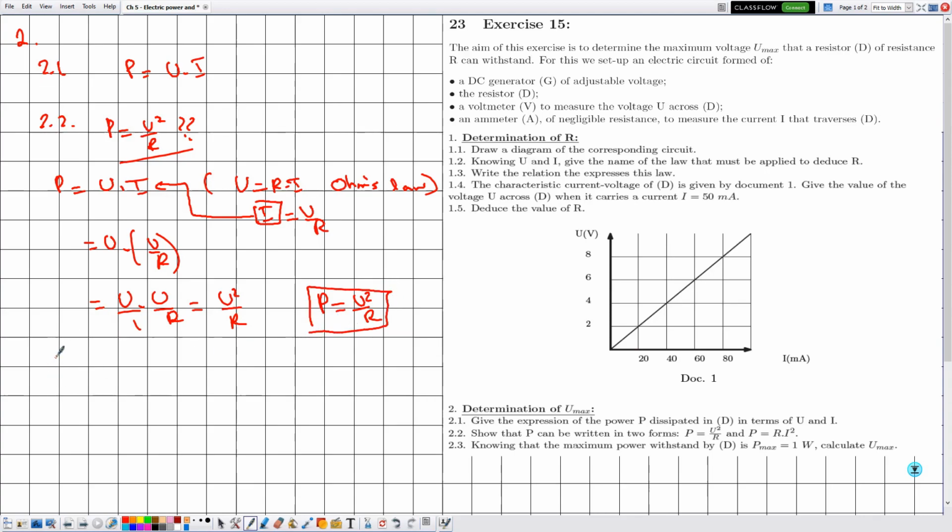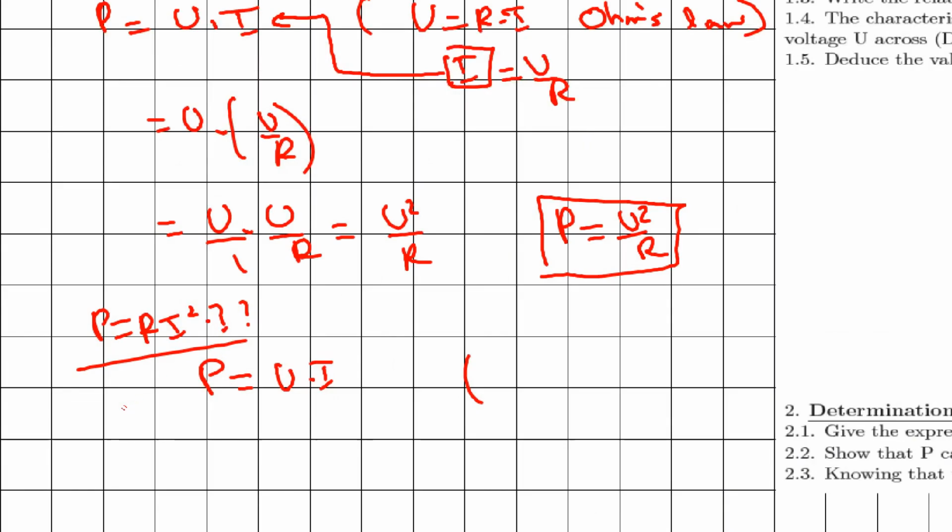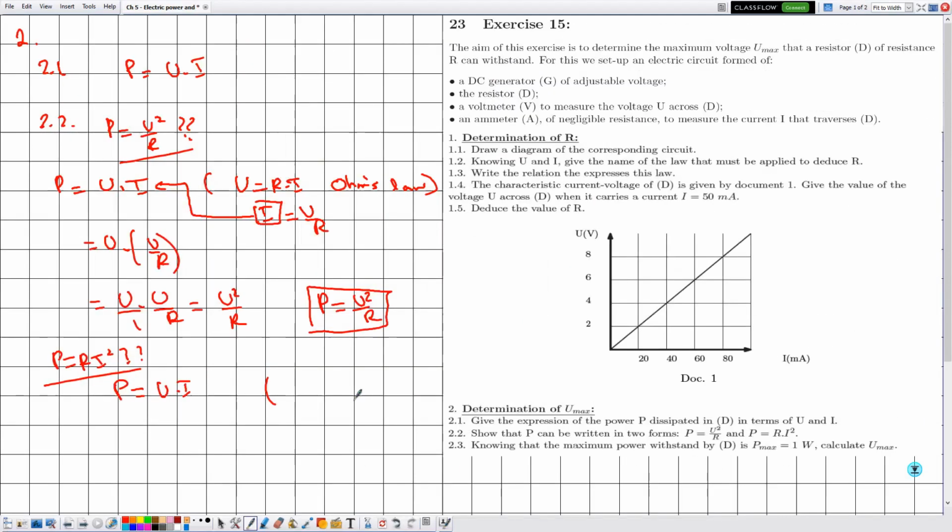And now we need to prove that P is equal to R i square, which is given here. We always start from the general form, which is given by P is equal to U multiplied by I. Comparing both forms, notice that in this case R appears, which means that we need to apply Ohm's law, which is given by U is equal to R i.